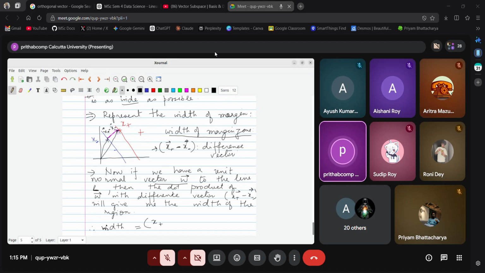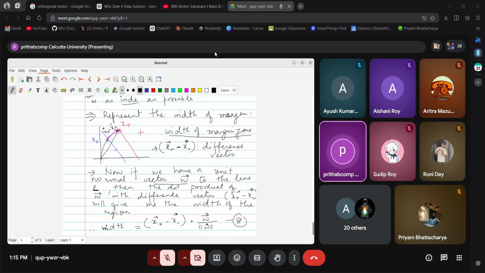So it is x plus minus x minus dot. If this is not a unit vector, we make it a unit vector, right? So this means the magnitude of the vector W, right? So this becomes our equation 8. Okay, so dot product of the difference vector with the normal vector.